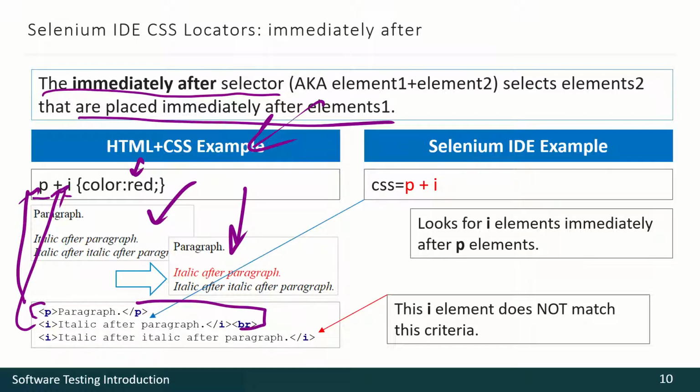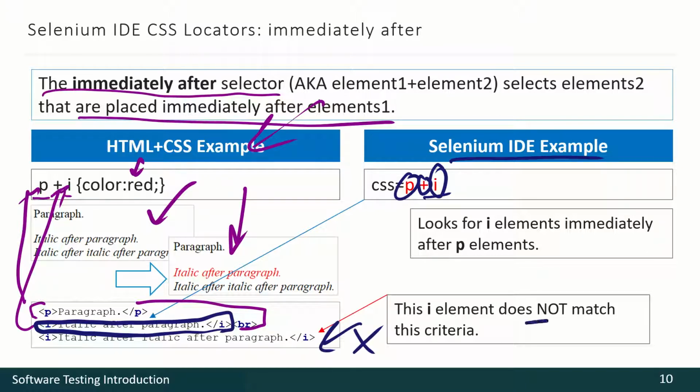With Selenium IDE we can do the same. We look for the italic text right after the P element. So this italic text complies with this rule, but this italic text does not comply with this rule. Why is it so? Because here we have paragraph, here we have not paragraph, here we have another element, this italic element.